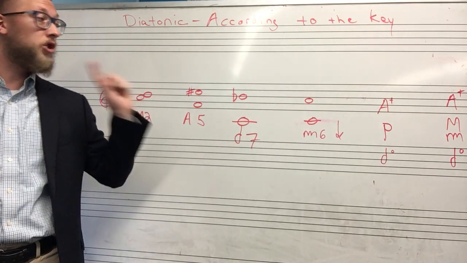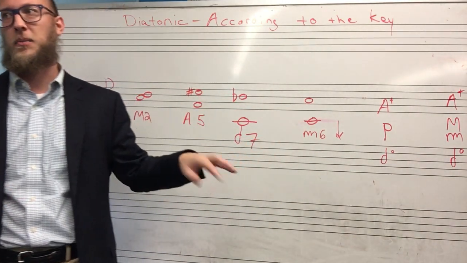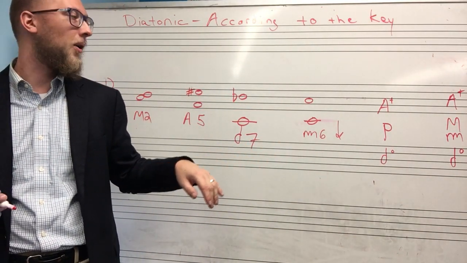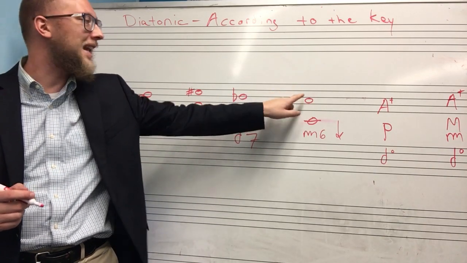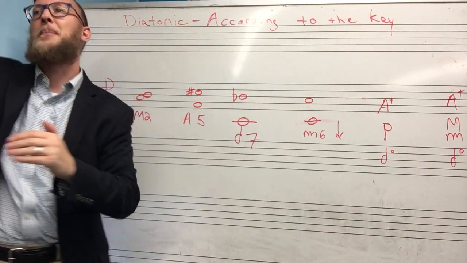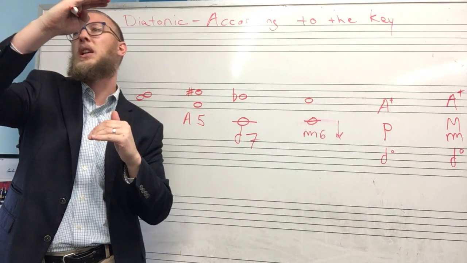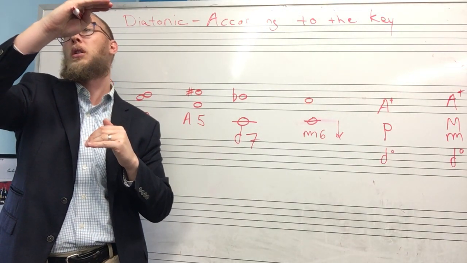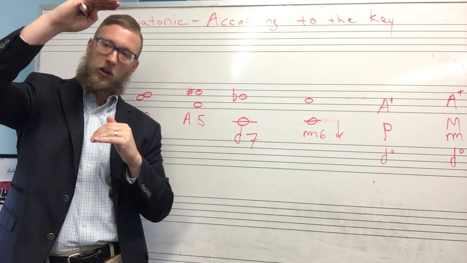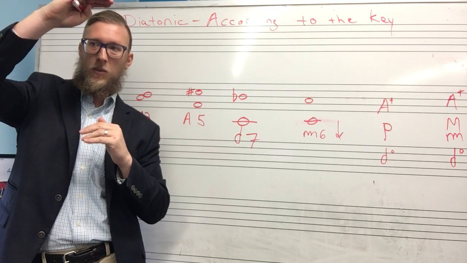Just by affecting this bottom note, because some clever student somewhere was like, oh, I'll just put a flat on there. No, I gave you that one. This is the note that you have to write in. So just by affecting this bottom note, how can I reduce this interval to make it a minor?